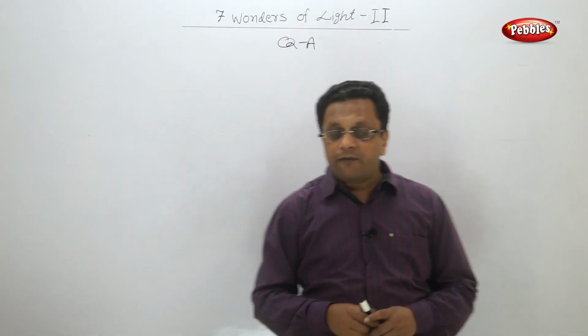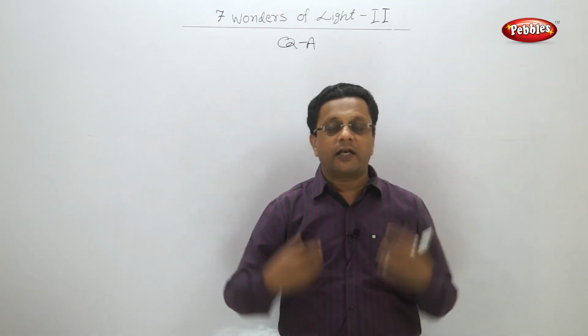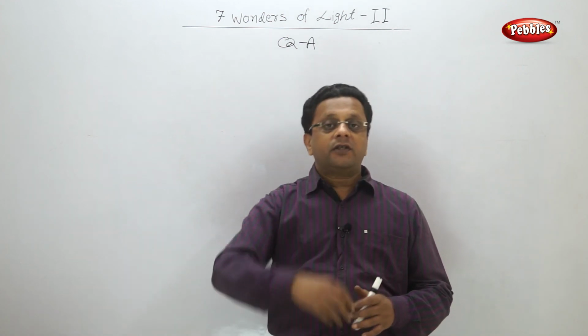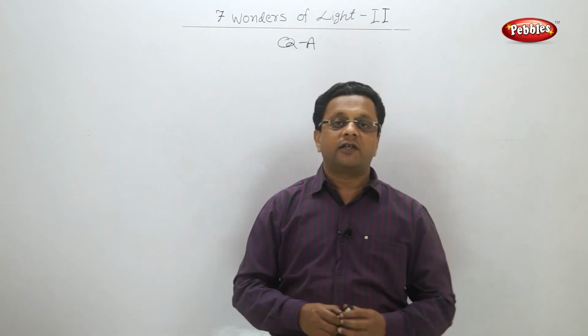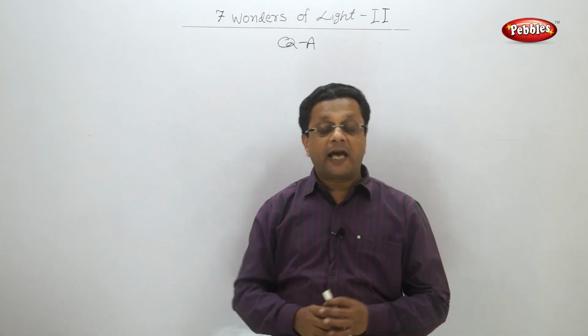So at the time of sunrise, what happens? Whenever the sun's rays come, I am standing on the horizon. Since the image always appears above, I will see the sun 2 minutes before the actual sunrise.